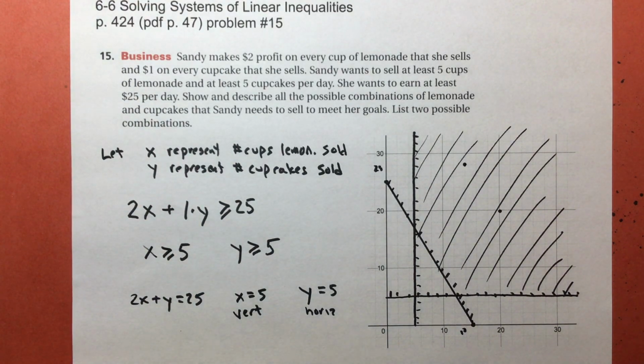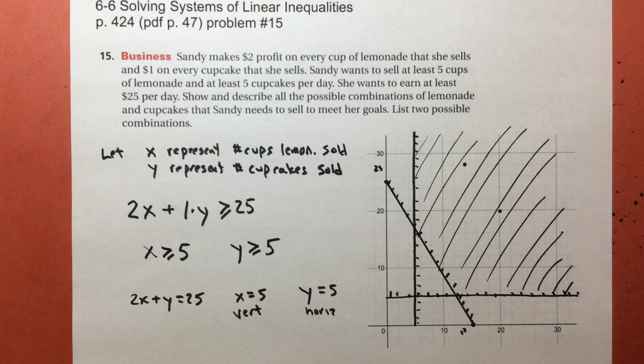Now, before I stop this video, all these inequalities represent what we call constraints. Sometimes there are constraints with things she can't go over. So there may be a constraint with time. There may be, like, she cannot make an infinite number of cupcakes.